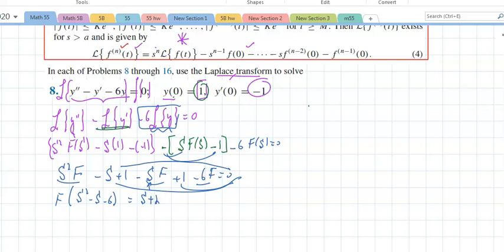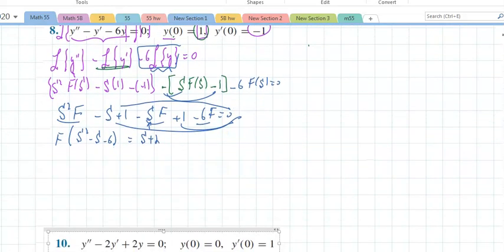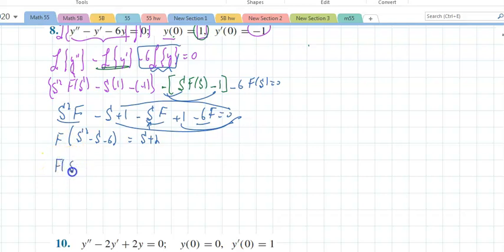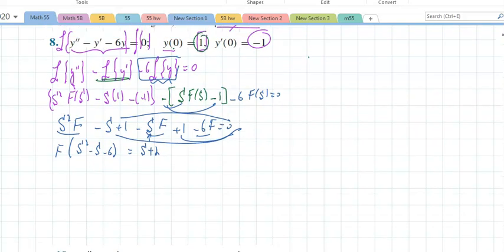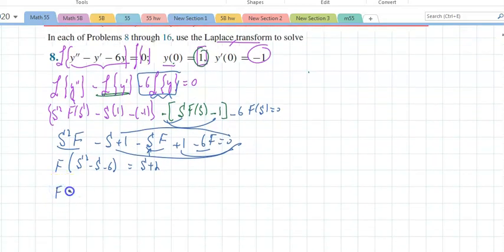And now, wouldn't you say that F will equal s plus 2 over s squared minus s minus 6, which is s plus 2 over, isn't that s plus 3 times s minus 2?